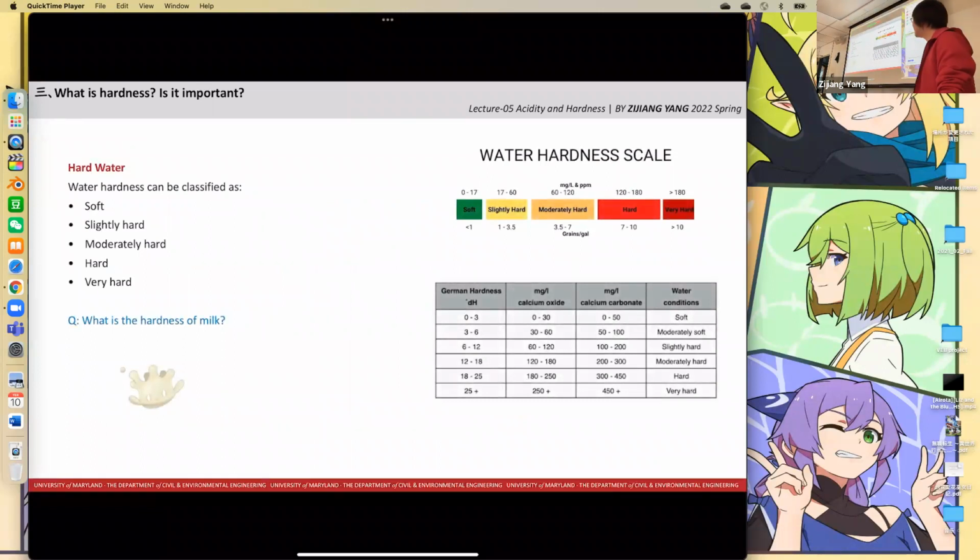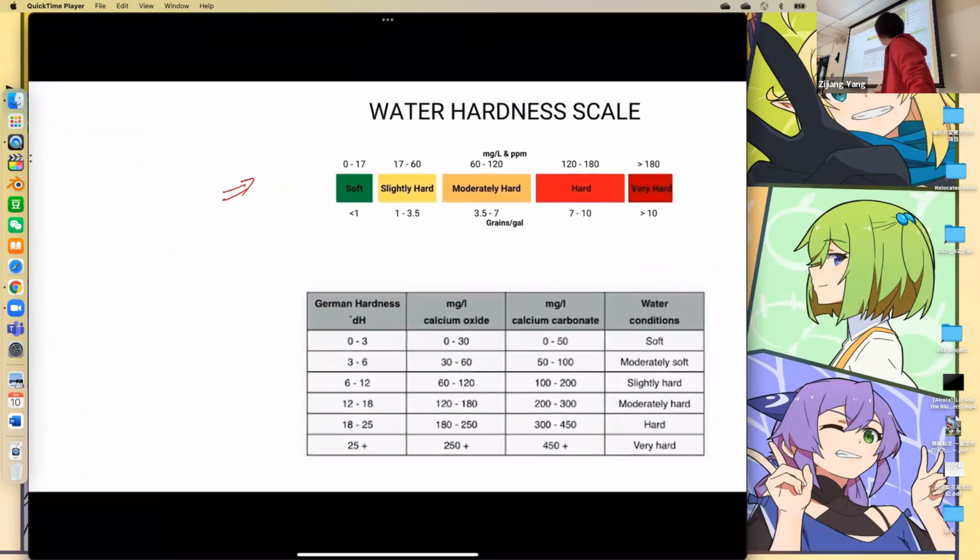Then for water hardness, we have different classifications. Like we have soft water, hard water, very hard water, and something in between. On the right side, I collected some of the classification standards from the internet.